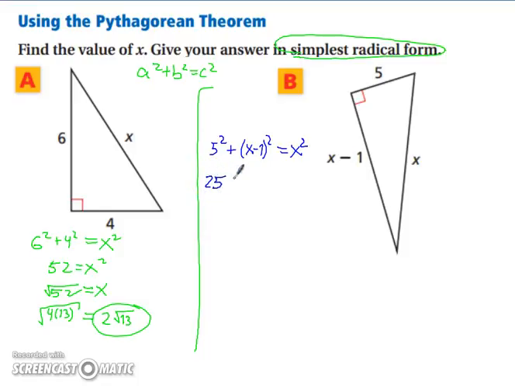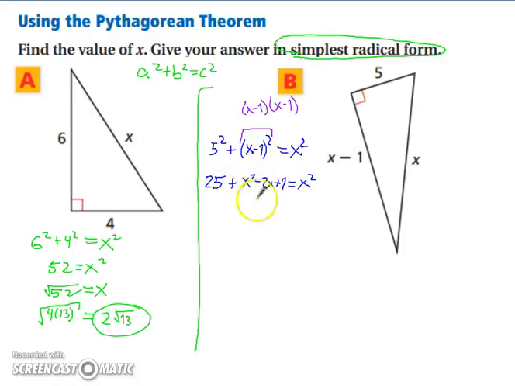We have 25 plus x squared minus 2x plus 1 equals x squared. If you are wondering where this came from, think of your binomial, because you're squaring a binomial. This can be written as (x minus 1) times (x minus 1), and then you can distribute.